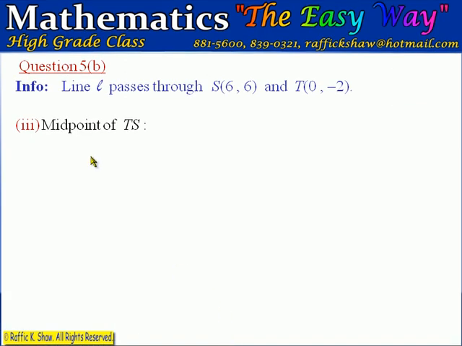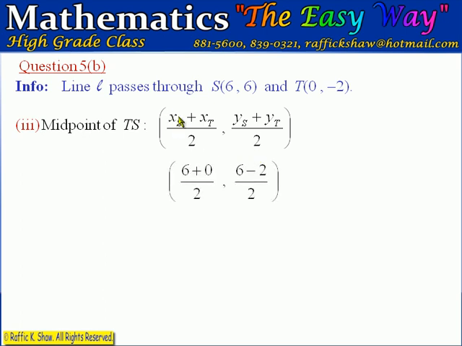Let's move down now to part 3. Part 3 is asking us for the midpoint of TS, and we can simply use the midpoint formula between the points S and T, and that is the average of the x values and the average of the y values. That's how we calculate the midpoint of a line segment. The average of the x values is the x coordinate at the midpoint, and the average of the y values will be the y coordinate at the midpoint. So we can go ahead and place those values in.